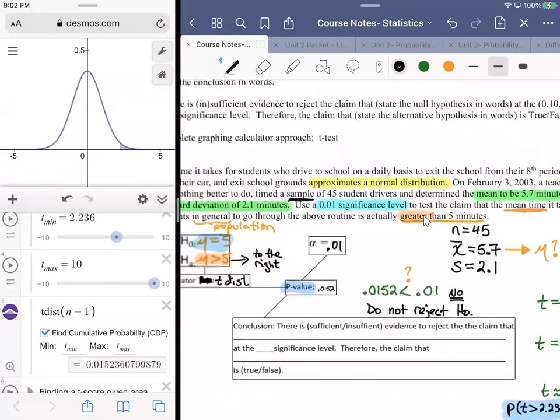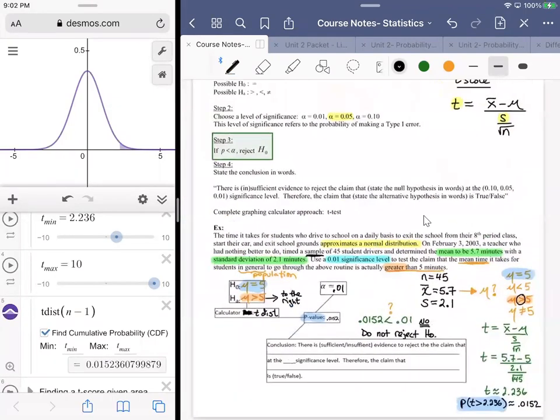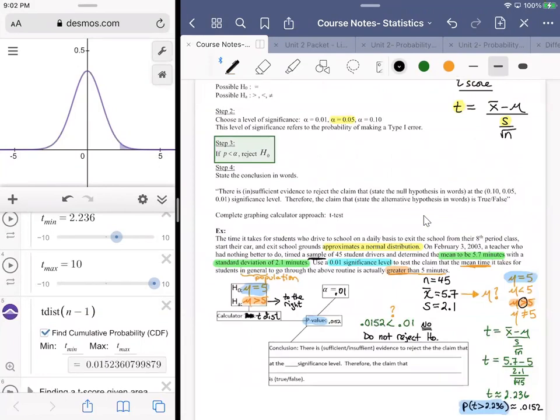So I do not reject the null hypothesis, which means if you're not rejecting something, you're keeping it, right? Where does rejection happen in life? The first thing that pops into mind is somebody asking somebody out on a date. If somebody asked me out on a date and I don't reject them, I'm going out on the date with them.